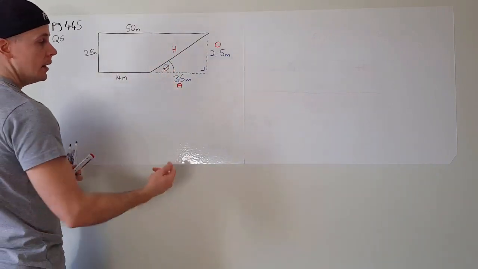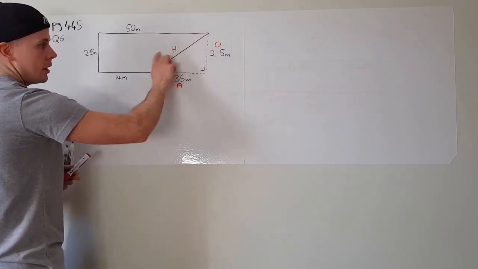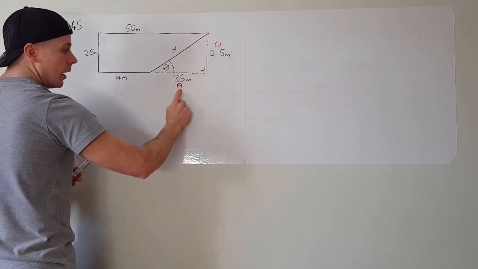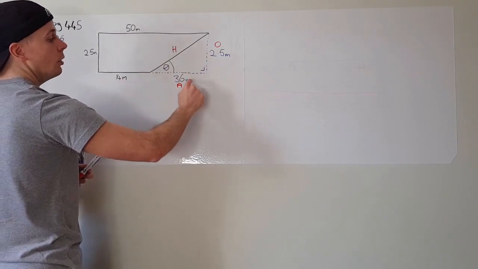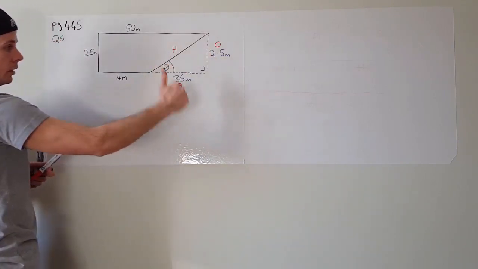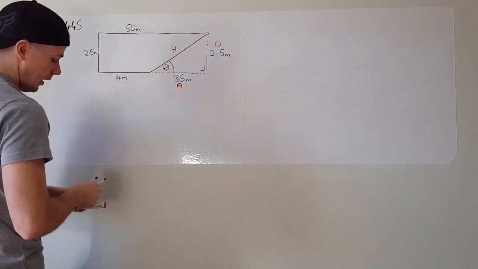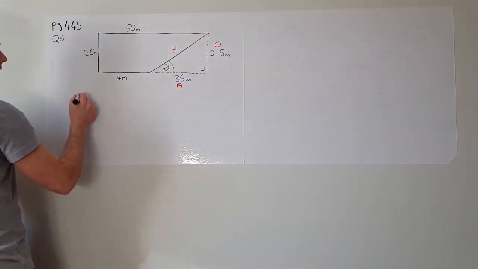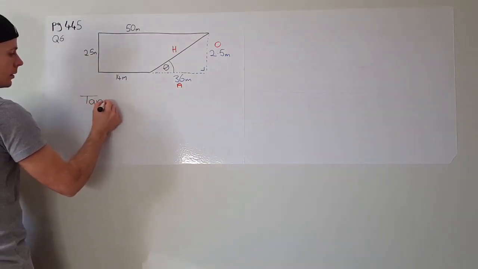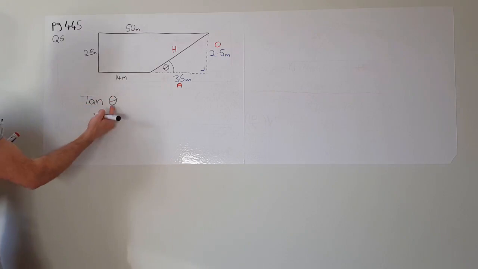So silly old Harry caught a herring trawling off America. So it is tan. Tan of the angle theta. Remember that symbol there, that's theta.